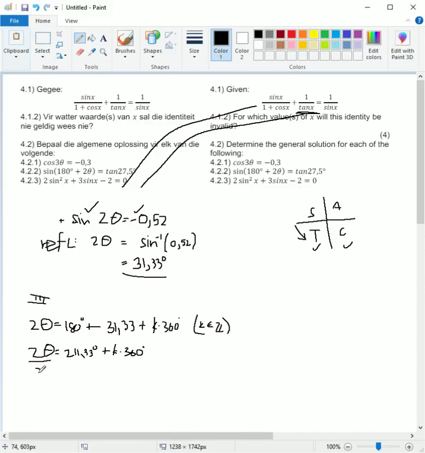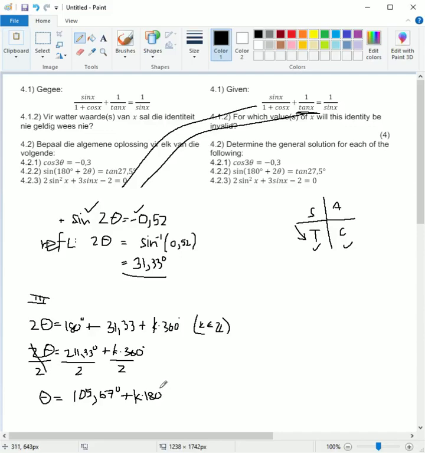So now we're going to divide by 2, divide by 2, divide by 2. If you manipulate early, you will get incorrect solutions in your quadrants. Okay, so theta equals 211.33 divided by 2, which is 105.67 degrees plus k times 180.